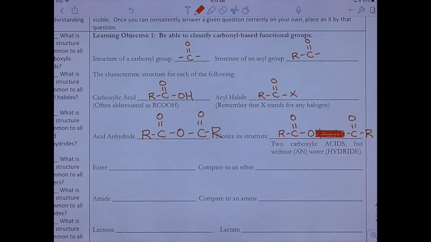Acid anhydrides are not found very much biologically because they're pretty reactive. Same thing with acyl halides, but they would be found, for instance, in a lab.